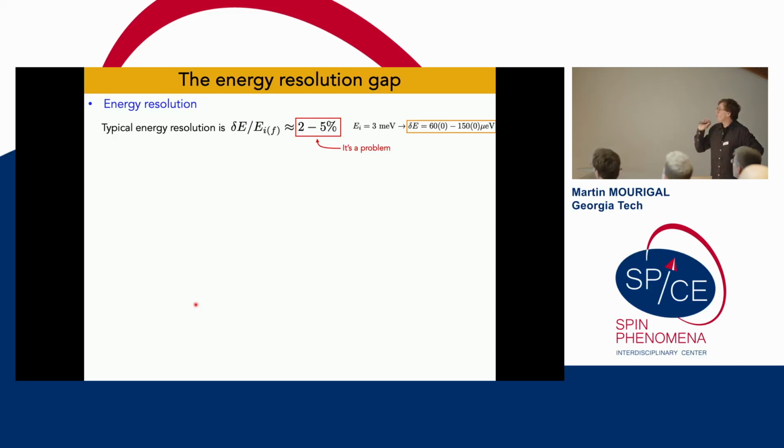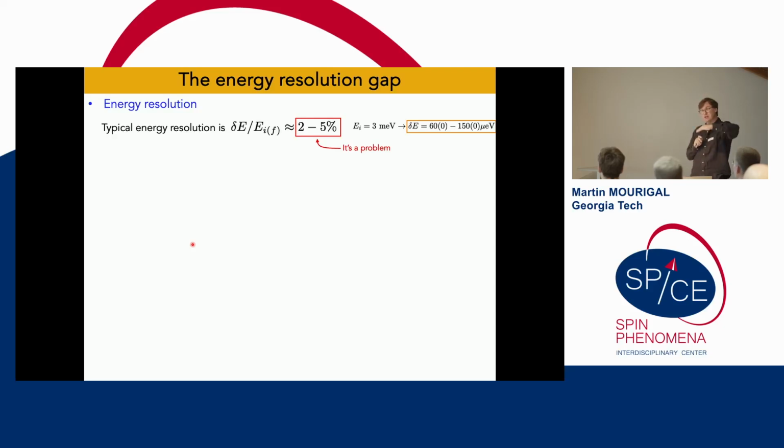Okay, so one last thing about neutron scattering that I want to mention, and that's actually the vexing part of the problem in some sense, is the energy resolution. The typical energy resolution of a neutron spectrometer, the way we can think about it, is delta E over E, where E is EI or EF, the energy of the neutrons we use to probe the material.